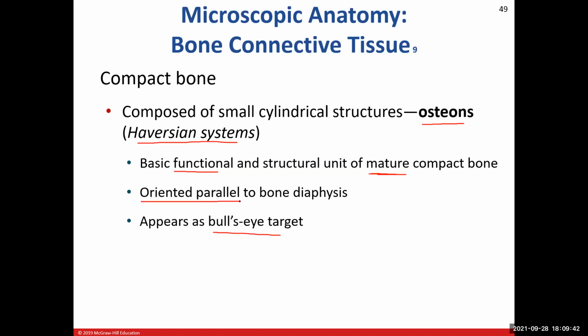So if you recall from the previous class, the diaphysis is the shaft of our long bone. And also to recall, compact bone is going to be more so on the external portion of whatever bone you're talking about. And then just internal to that, that's where we'll see the spongy bone.